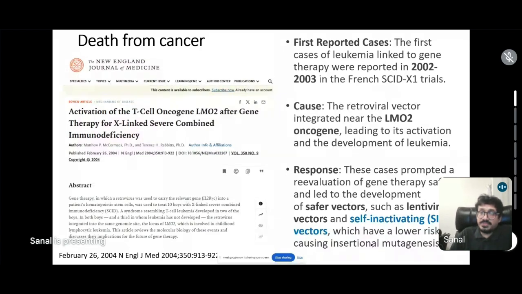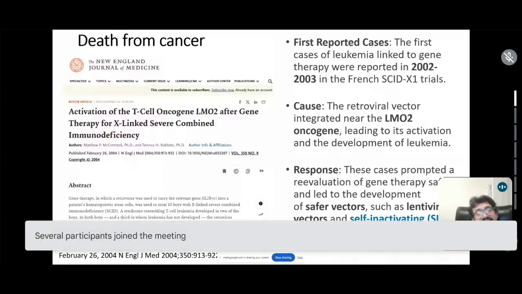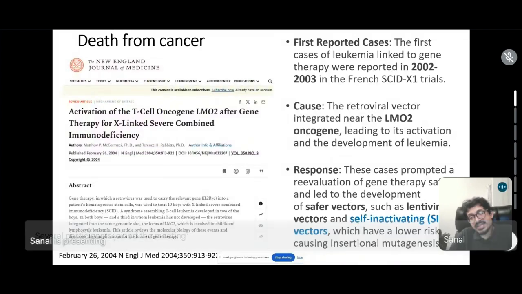There's also another problem, especially with integrating viruses. As I told you before, there are different types of viral vectors. Lentiviruses, which are derived originally from HIV, are integrating viruses. That means they integrate with your genome.